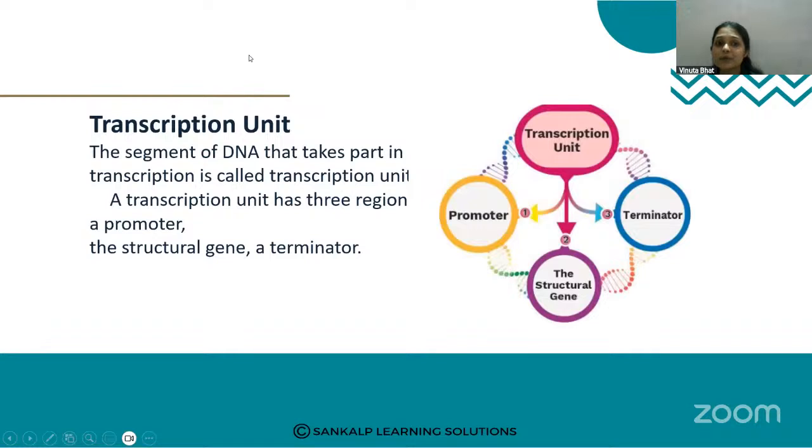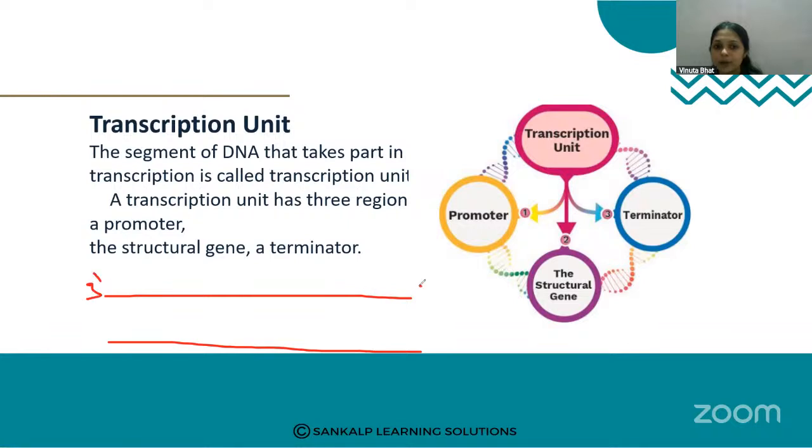Here in the transcription unit, just see, this is the 3 prime to 5 prime direction, and this is the 5 prime to 3 prime direction. The segment of DNA that takes part in the transcription, this part, is transcribed into mRNA. Only this part is being converted into mRNA. So that is called the transcription unit.